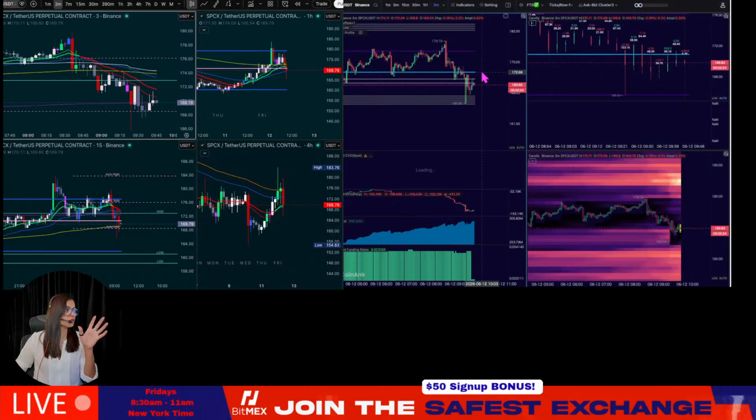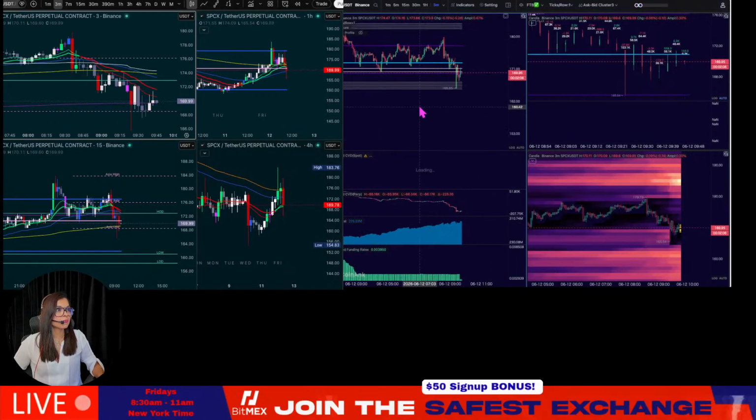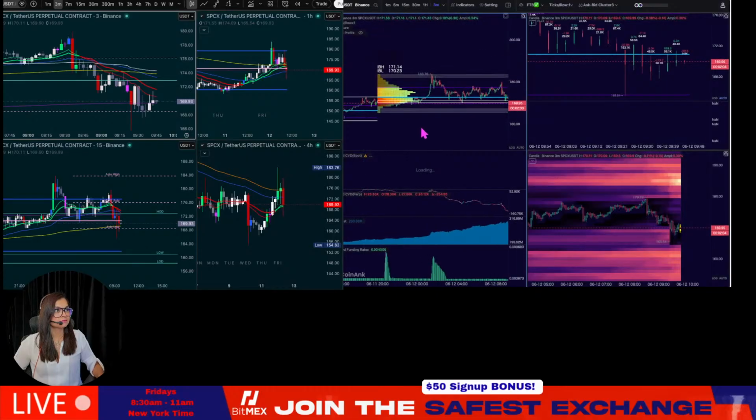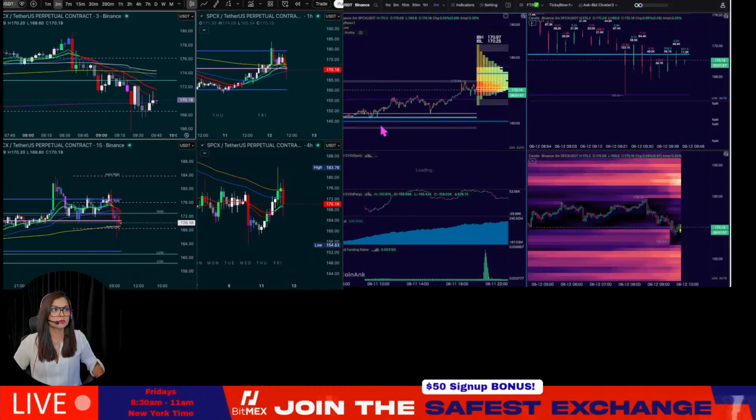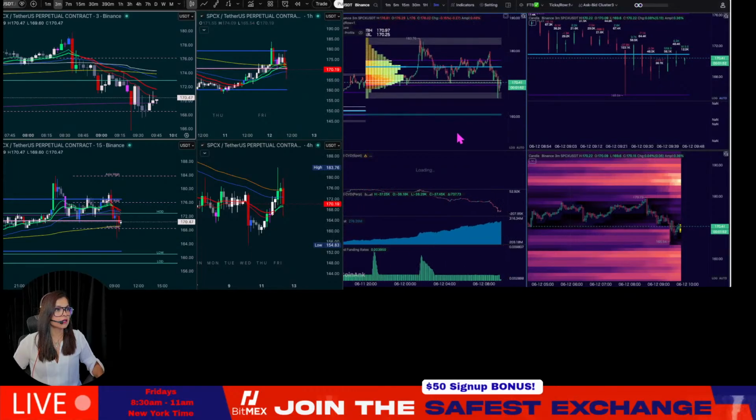Another thing you would notice is that your point of control, value area high and value area low keep moving as traders choose different price levels where they're trading more. So those levels do move as per price.